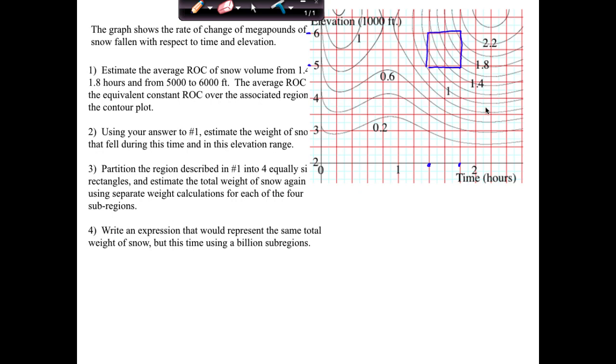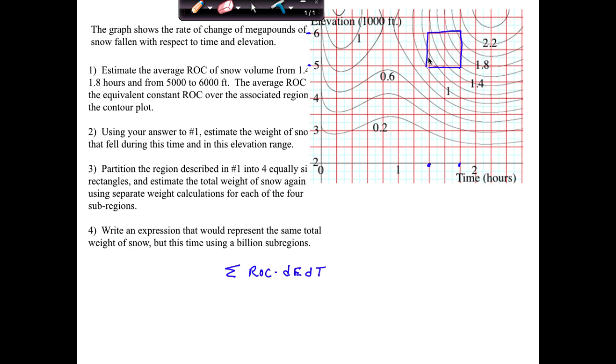So what does that mean? 1 billion subregions. Thinking about what we did before, I'd have to sum up a rate of change times dE and a dt.